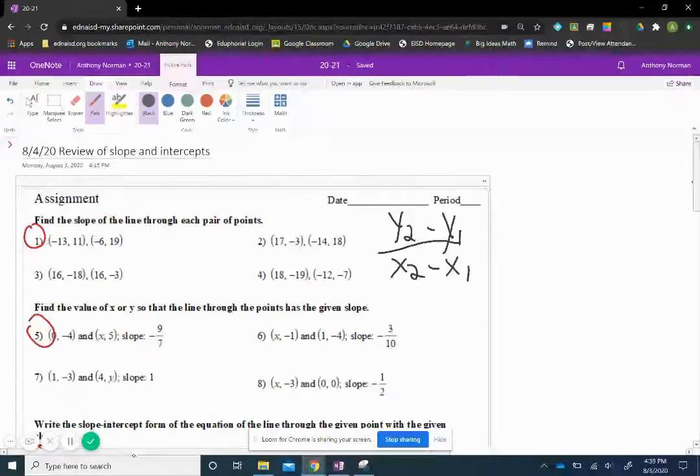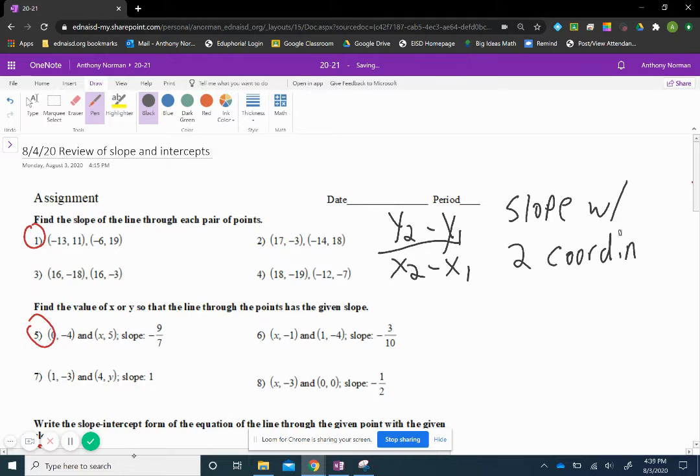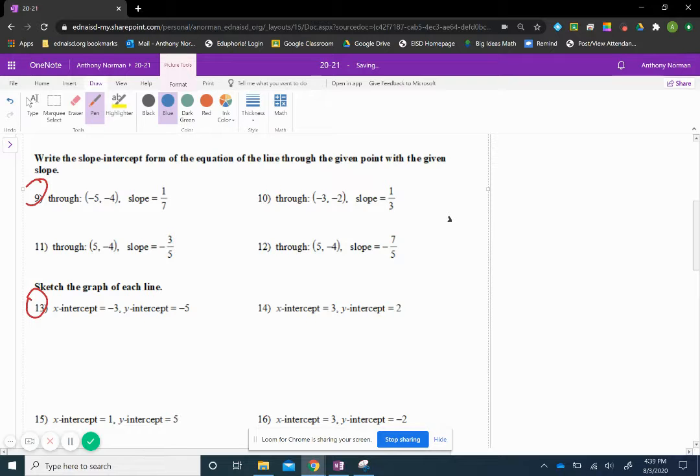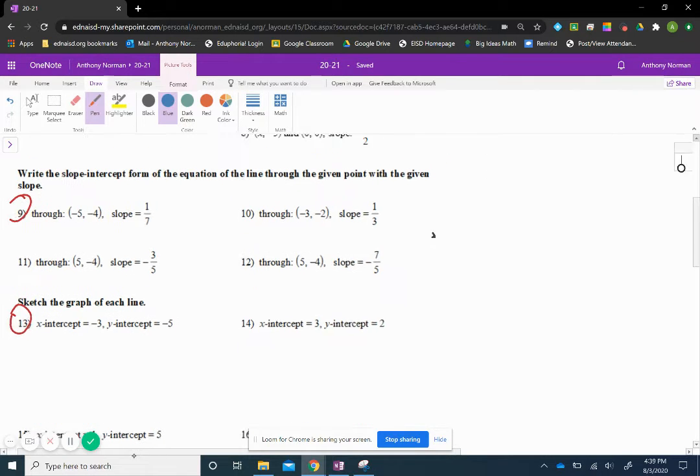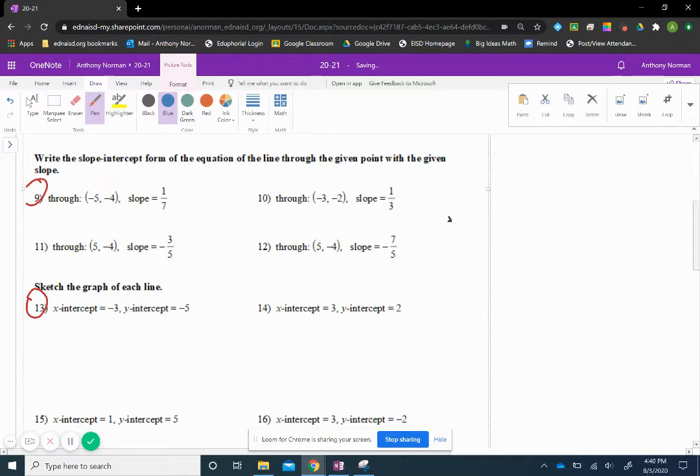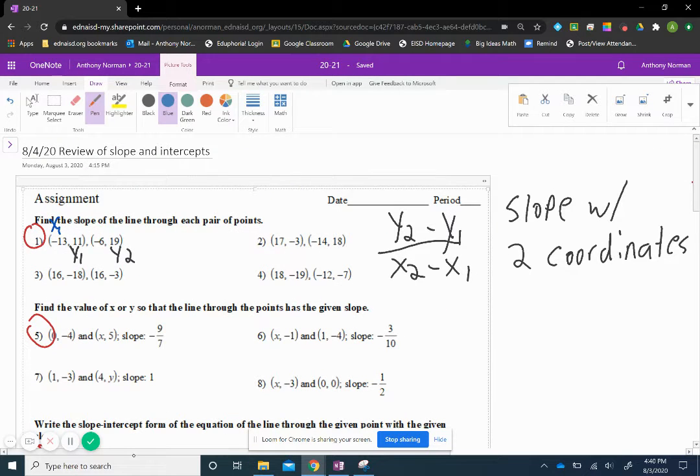This is the formula for slope when you have 2 coordinates or points, so we have y1, y2, x1, x2.